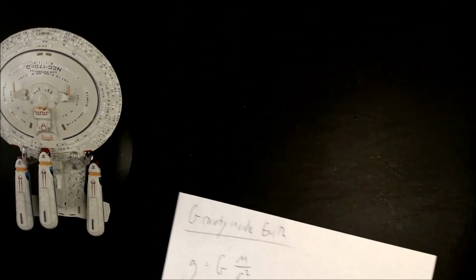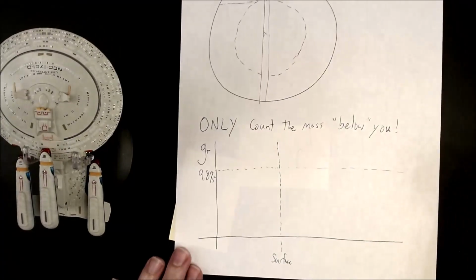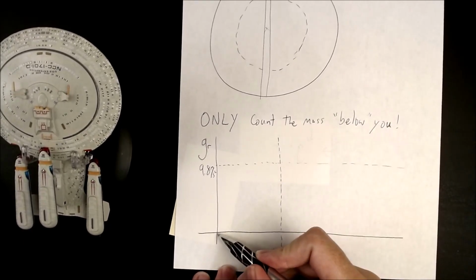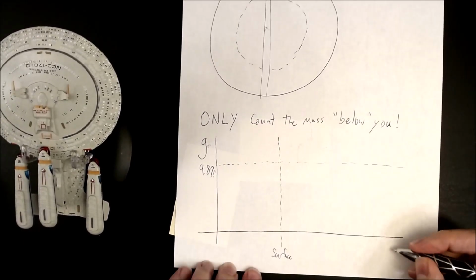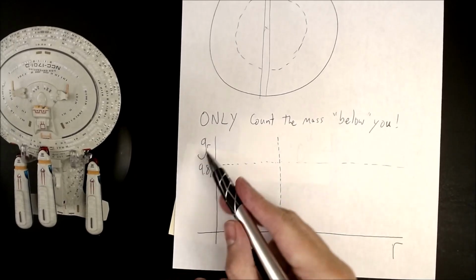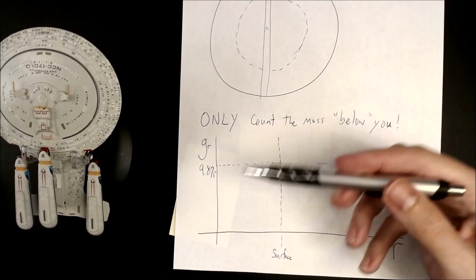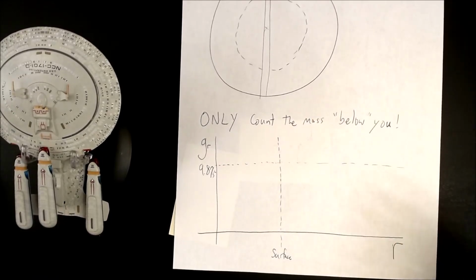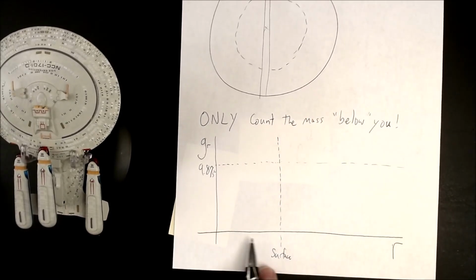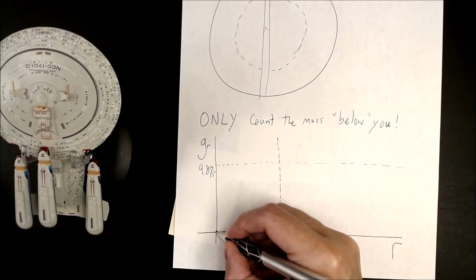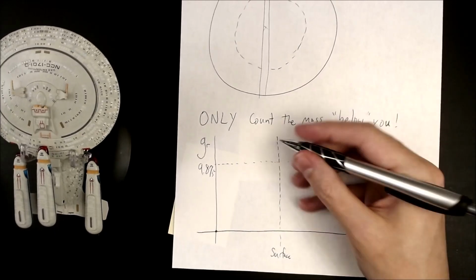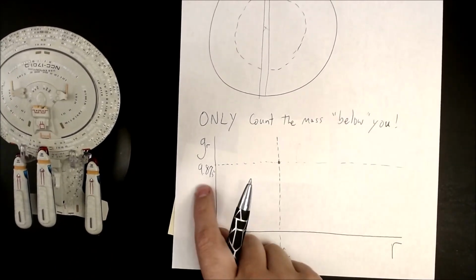We can graph this. Here, this is the center, this axis is the radius that we are at, and this axis is the gravity at that point. When we are all the way at a radius of 0, at the exact center of the Earth, we have 0 acceleration due to gravity. At the surface of the Earth, we have 9.8 meters per second squared.